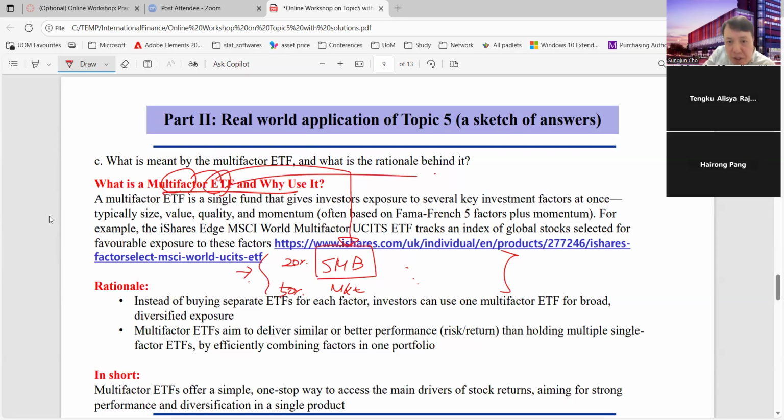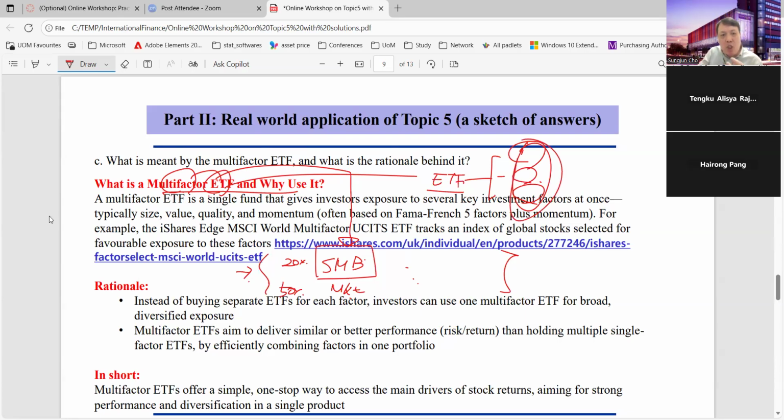If you buy just one ETF, this ETF will be a portfolio of factors. You can buy an ETF on each factor and form a portfolio by yourself. That's one way of getting portfolio factor investment. Or BlackRock constructs a portfolio of factors by themselves and sells an ETF from that. That's the so-called multi-factor ETF. Normally they have a better, cost-effective way of forming a portfolio.